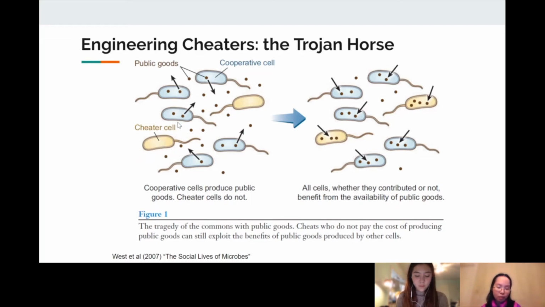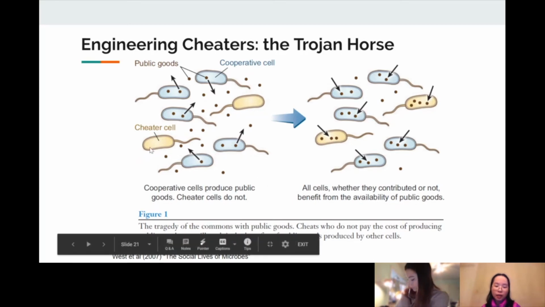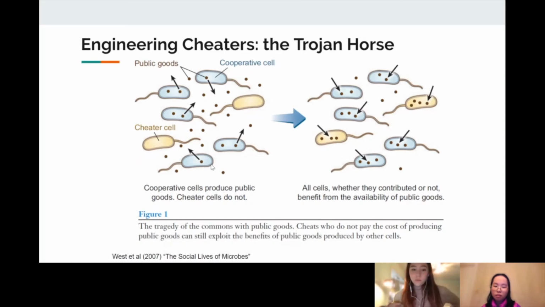So when there's programmed cell death in other cells and public goods are released, they just take them in, and they just don't die. These are mutants. Cooperative cells produce public goods, and cheater cells do not, but they can still exploit the benefits of these public goods.